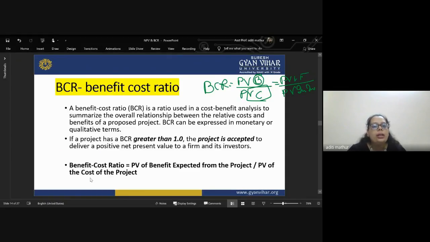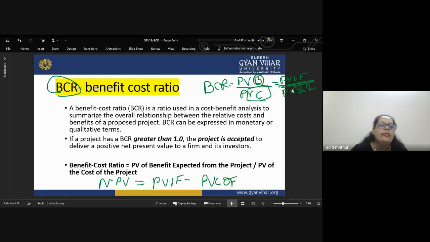So there is nothing much of a difference from NPV. You subtract the present value of cash outflows or the initial investment from the present value of cash inflows. But in BCR, you just divide them. Instead of subtracting, you are dividing.